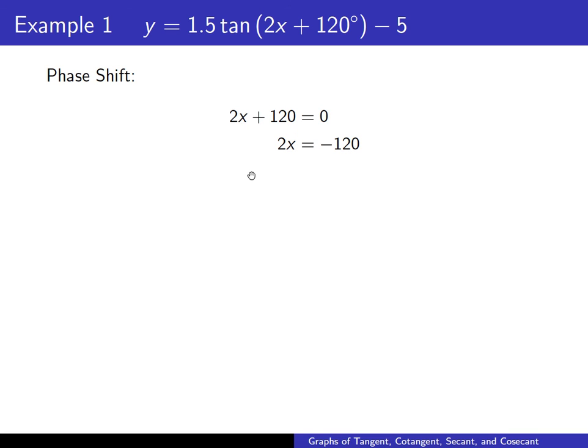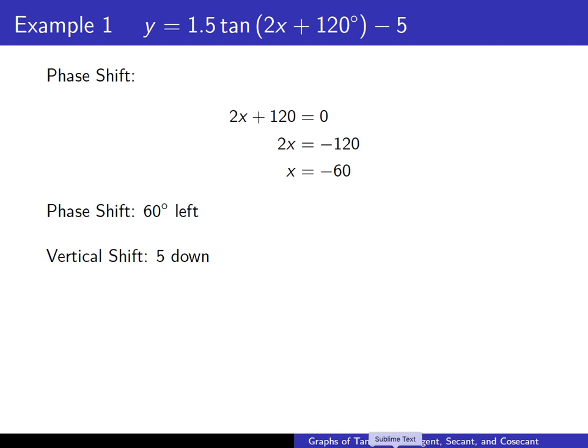So subtract 120 from both sides. We get 2x is negative 120. Then divide both sides by 2. We get x is negative 60. So we have a phase shift going 60 degrees to the left. And then finally, the minus 5 that's outside the function here is the vertical shift down 5 units.